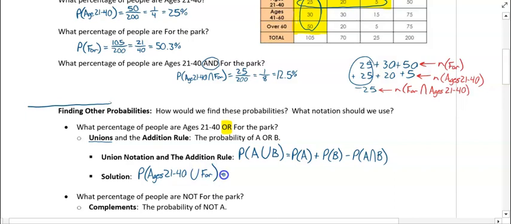So using our rule here, we want the probability that they are 21 to 40. Well, we got that up there. That was 25%. And then we want to add the probability that they are for the park. Well, that was another one that we found in our warm up. That was 50.3%.